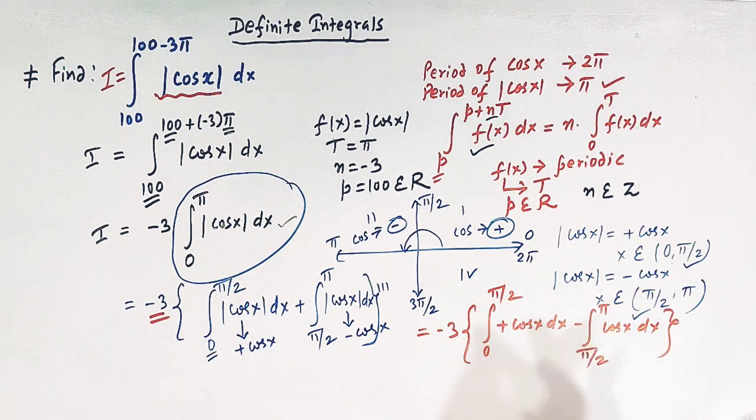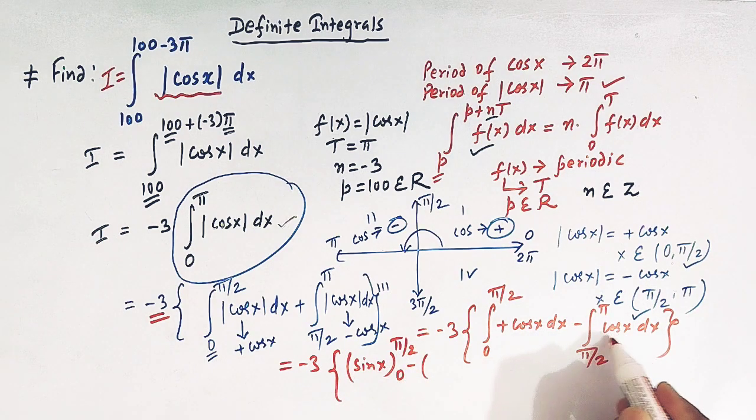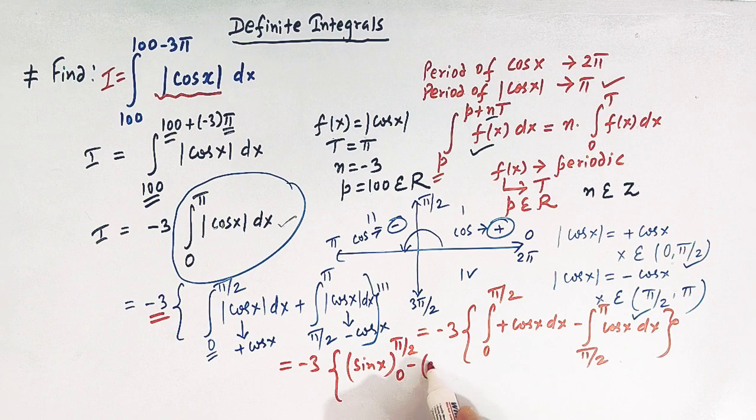Now we have two simple integrals, and we know that the integral of cosine function is sine x, with limits from 0 to pi by 2, and minus the integral of cos x, which is sine x, with limits from pi by 2 to pi.